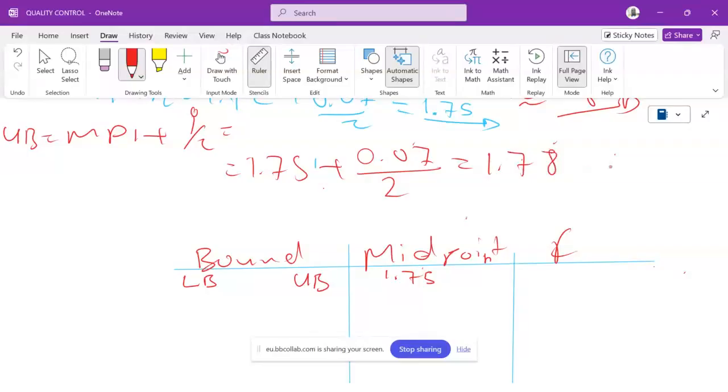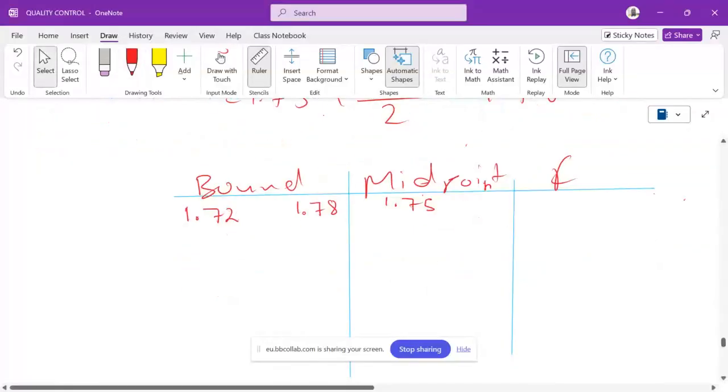You ignore the extra digits. Then the lower boundary is 1.72. And when you look at where 1.75 is centered, it's well in the center there, between 1.72 and 1.78.